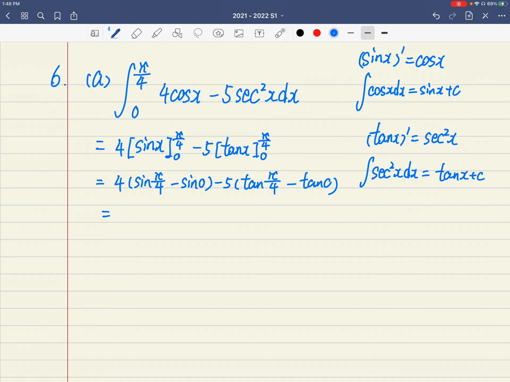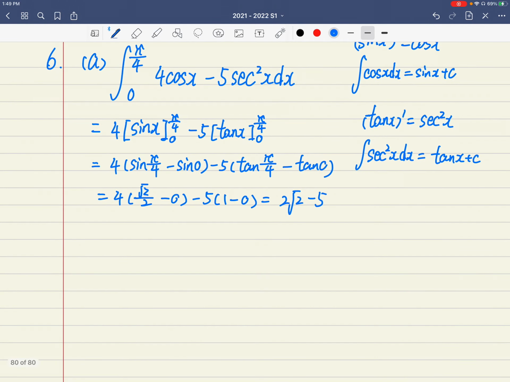Sine pi over 4 is square root of 2 over 2, sine 0 is 0. Tangent pi over 4 is 1, tangent 0 is 0. So you summarize it: it's 2 square root of 2 minus 5. So that's the first question.